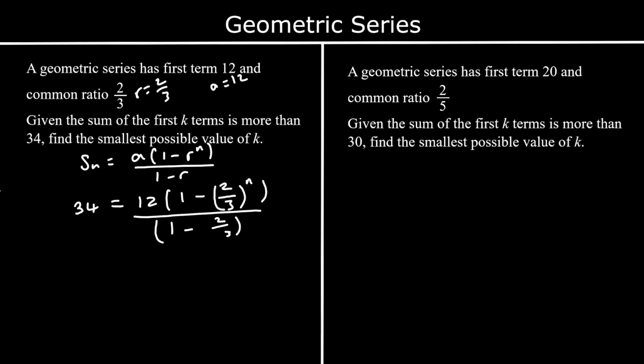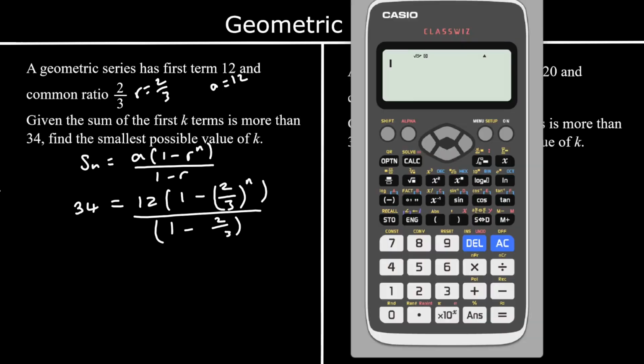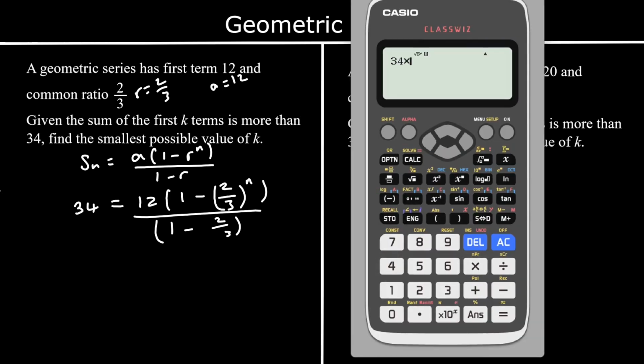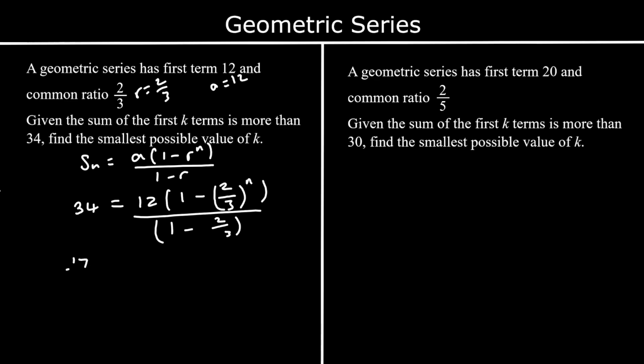So times both sides by 1/3 and then divide by 12. So 34 times 1 minus 2/3, which is 1/3, then divided by 12 is 17/18. So 17/18 is 1 minus 2/3 to the power of n.